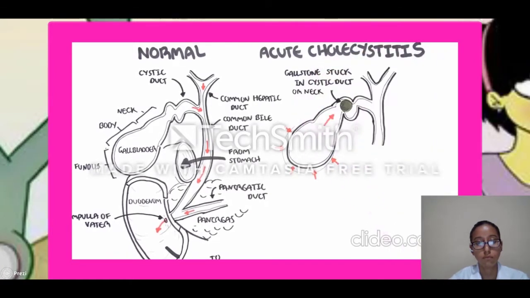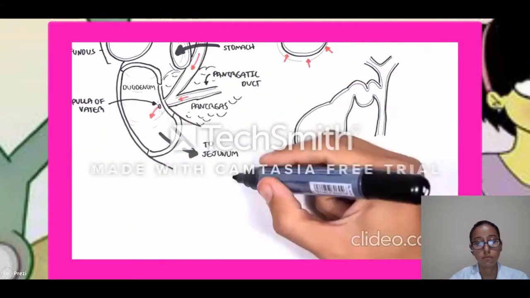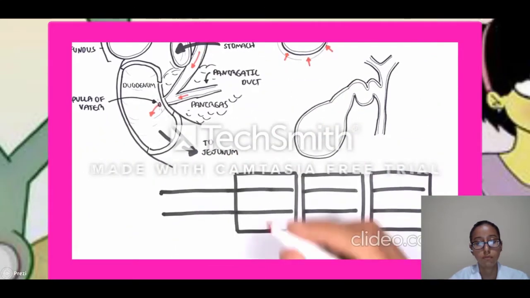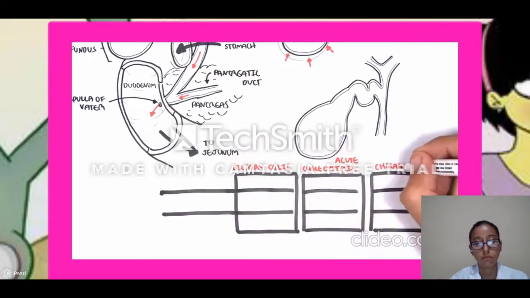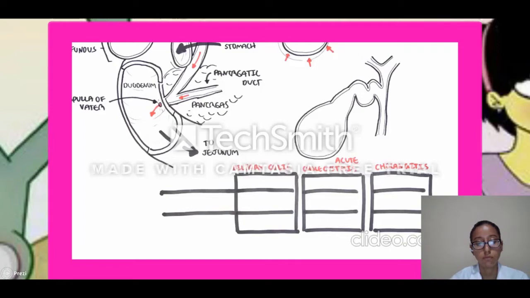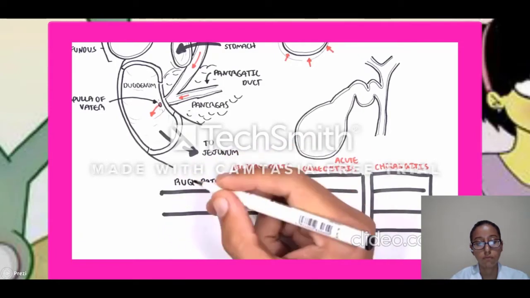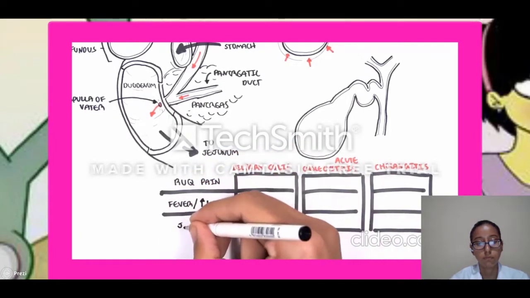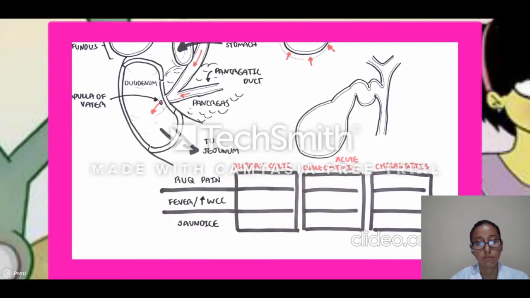Acute cholecystitis shares similar features to two other conditions called biliary colic and cholangitis. But these three conditions do differ. We won't talk about them now, but they differ in the pain, having fever or increased white cell count, and finally jaundice, which is yellowing of the skin.